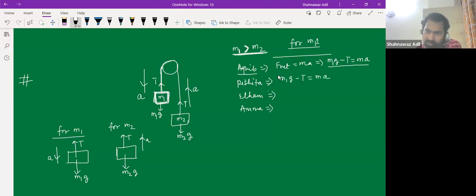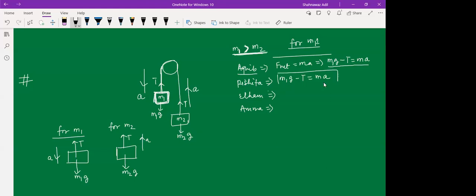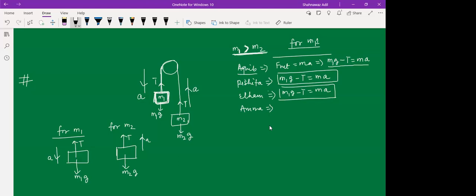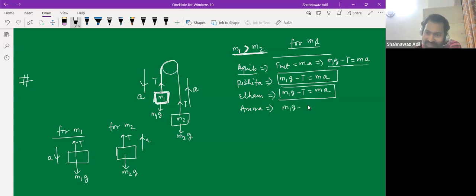And Alam, what about you? Yes, M1g minus T is equal to M1a. Okay, Amna, what about you? Same, sir. Good, very good, guys. So this is the equation of motion, right? Good. So you guys have revised well.